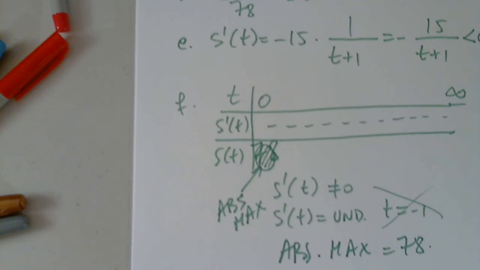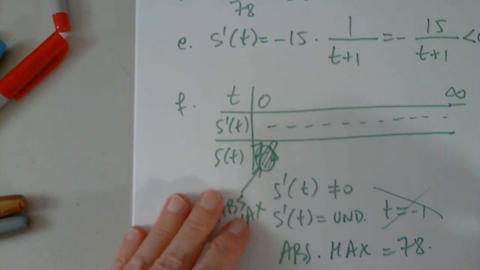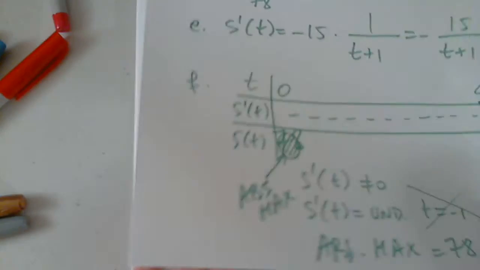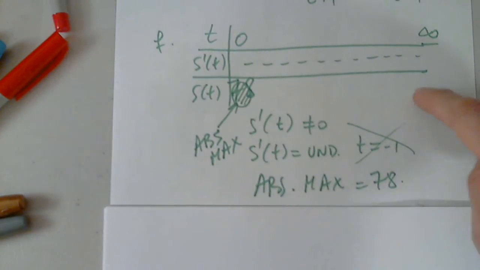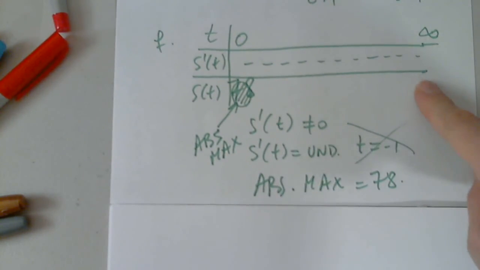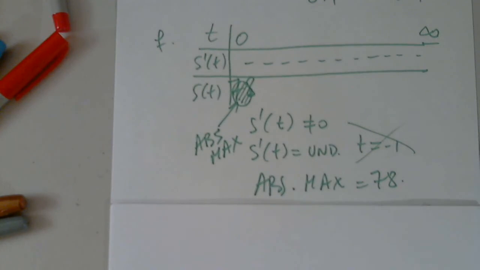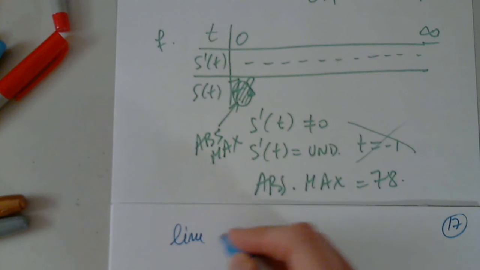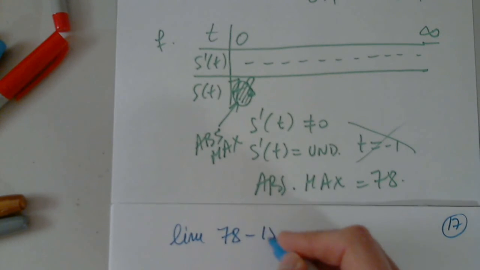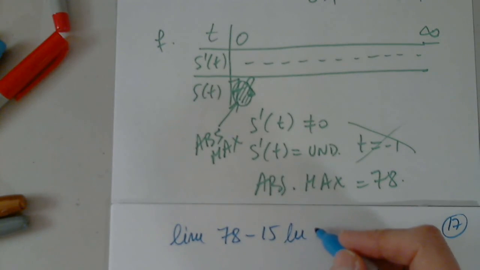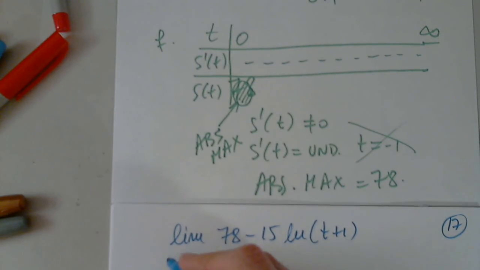Final question. G, find the limit of S of t as t approaches infinity and discuss its meaning. So they want us to determine this right here, the limit. So let's determine that. Limit of 78 minus 15 natural log of t plus 1 as t approaches infinity.